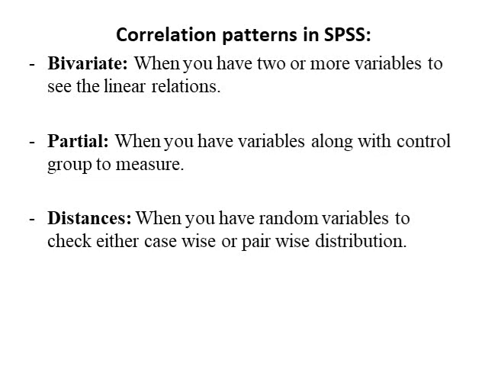The next one is partial. When you have variables along with a control variable to measure. In partial, you put your two or three variables, but at the same time you need to measure with a certain control.